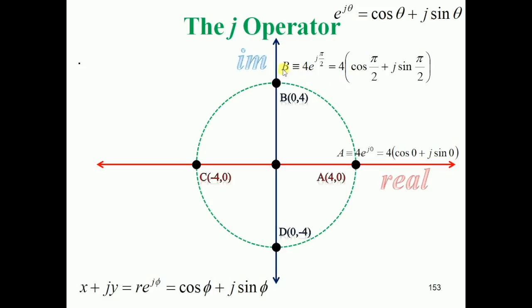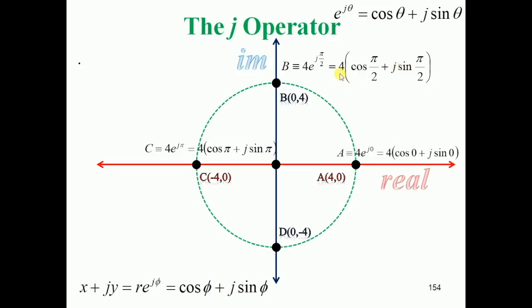Similarly, the next point can be represented by 4 e to the power j pi by 2, and cos of pi by 2 plus j times sine of pi by 2. Cos of pi by 2 is 0, sine of pi by 2 is 1, and we have this ordered pair (0, 4): 0 plus j times 1, whole thing multiplied by 4.